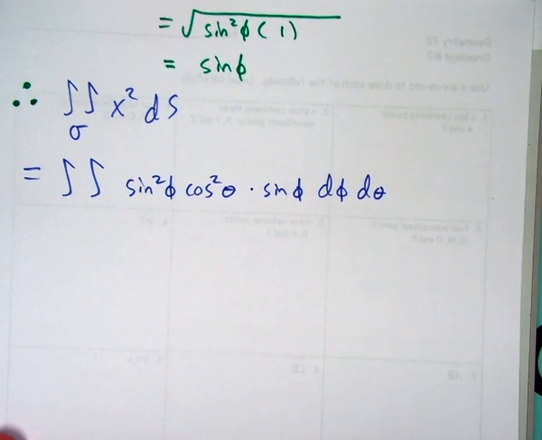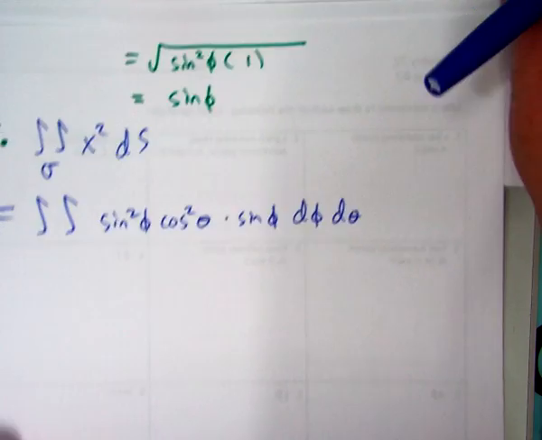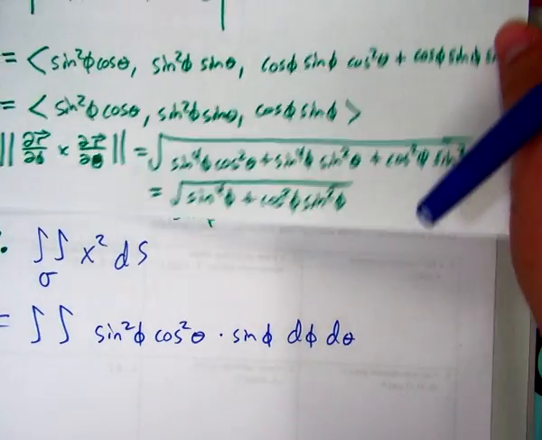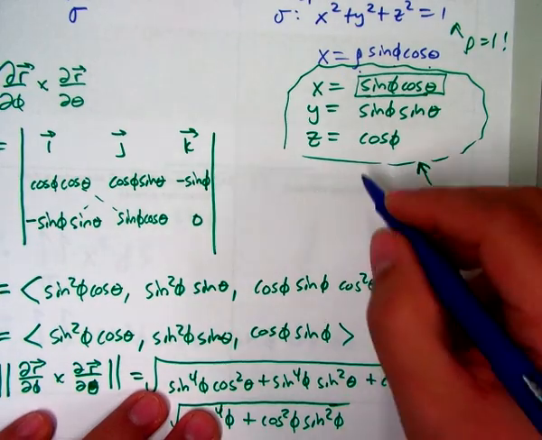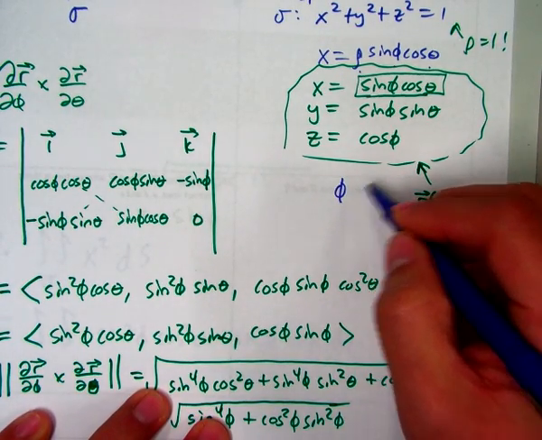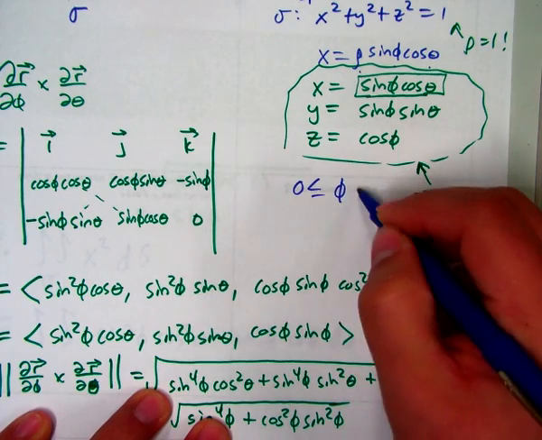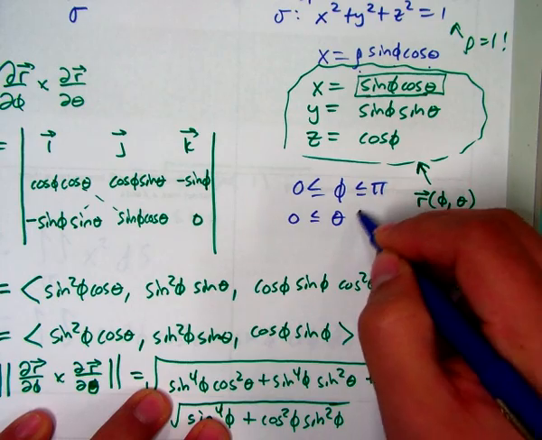All right, so now what are the bounds for phi and theta? We didn't write them down earlier, but we can go back and do that. This represented a sphere, right? So phi has to be between 0 and pi, and then theta is between 0 and 2 pi.